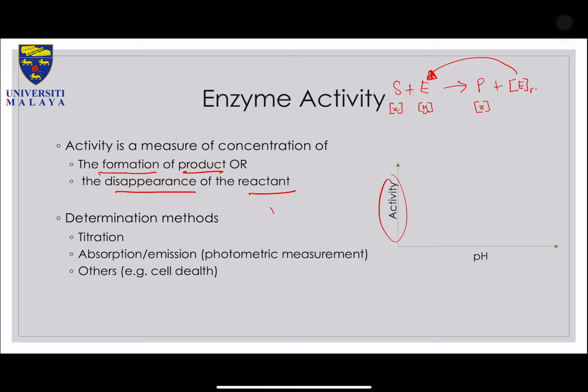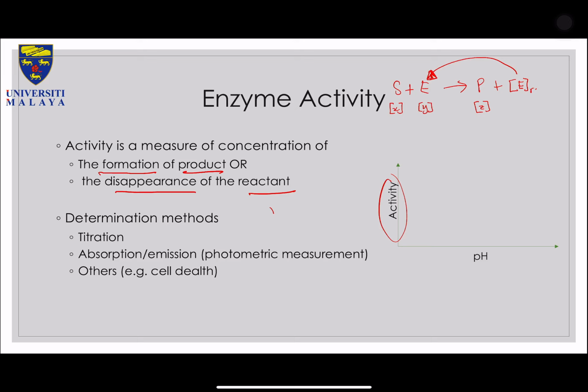So to measure the enzyme concentration, if you were to measure the disappearance of the enzyme entity, we cannot actually do that, because the optimum condition for an enzyme to work is as a catalyst. It is not consumed, but rather regenerated. If you initially have 10, after the reaction you will regenerate 10.